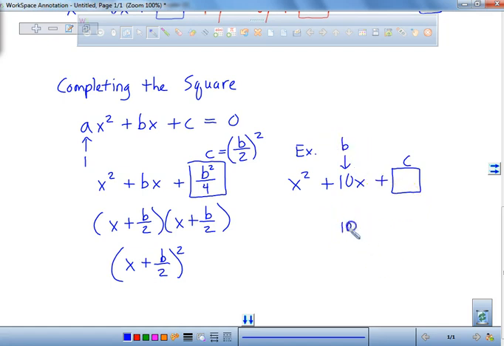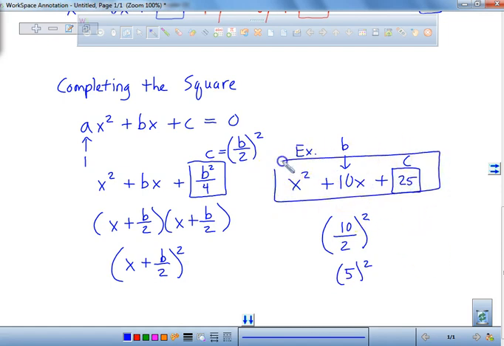So what am I going to do with that 10? I'm going to take half of it, and then I'm going to square it. What's half of 10? 5. And what is 5 squared? Just put 25 and you just completed the square. So what would this factor to? That would be (x plus 5) squared.